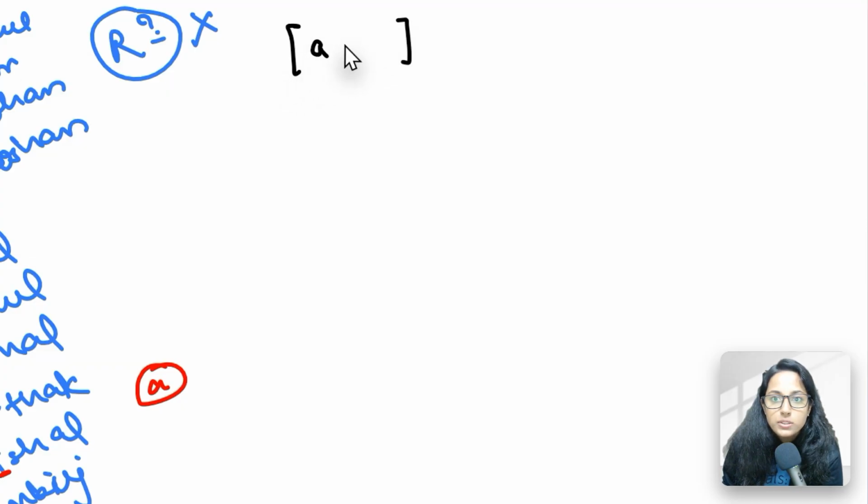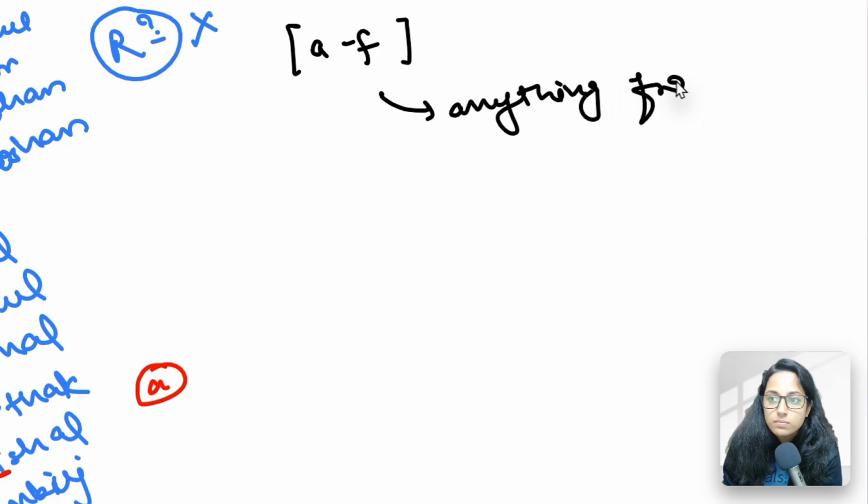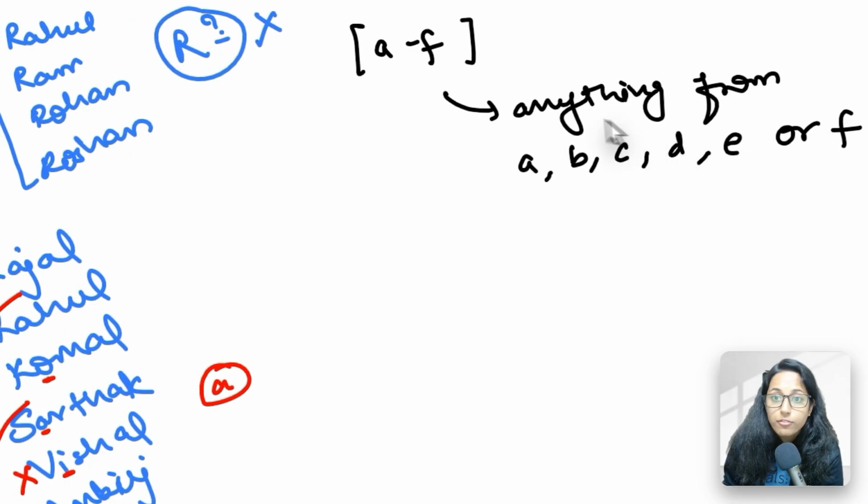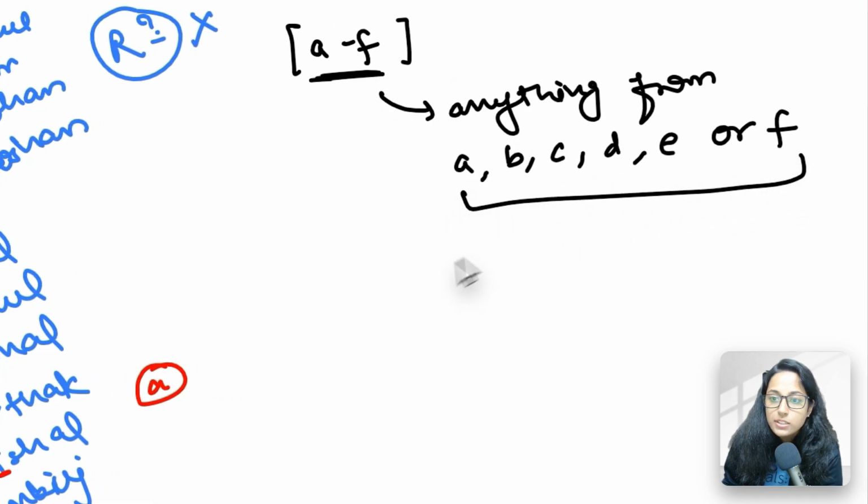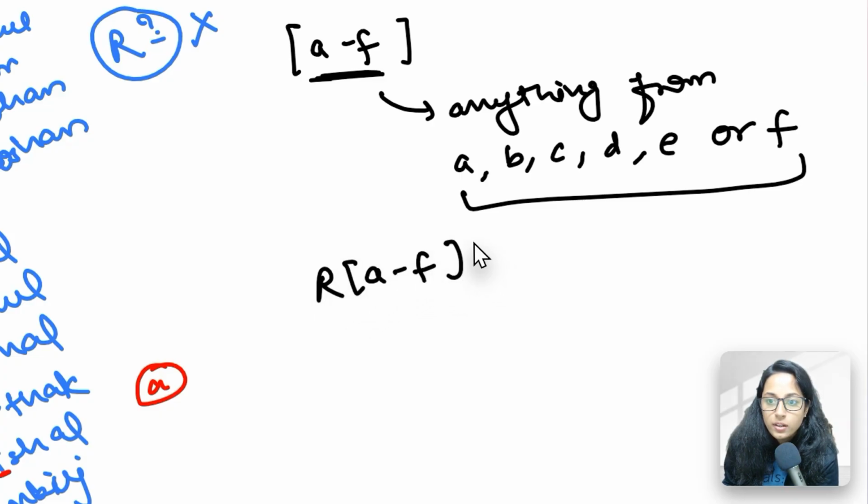If I use A to F, this means anything from A, B, C, D, E, or F. Any character out of these will be satisfied. So if I say R, [A-F], percentage, I'm assuming this is a name.